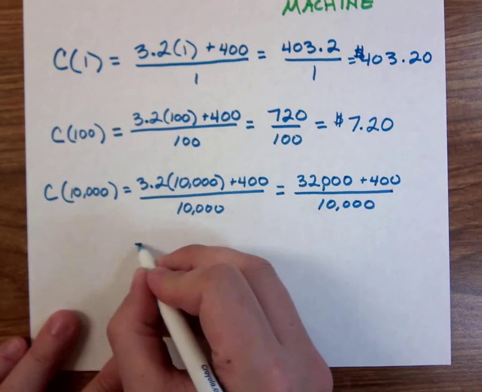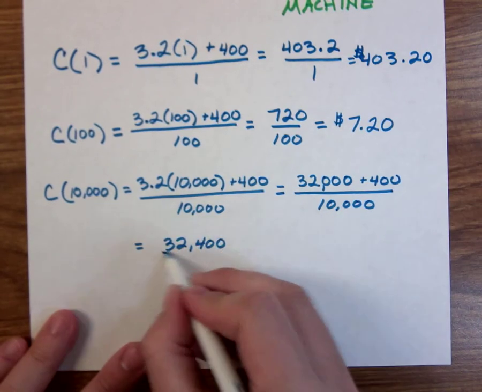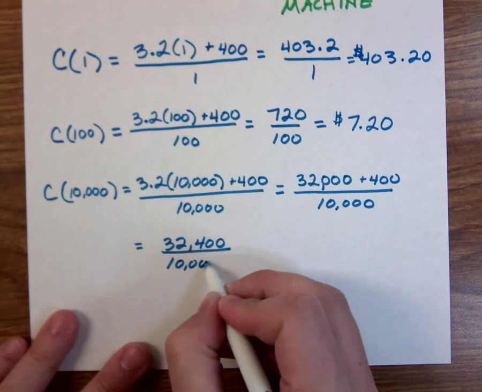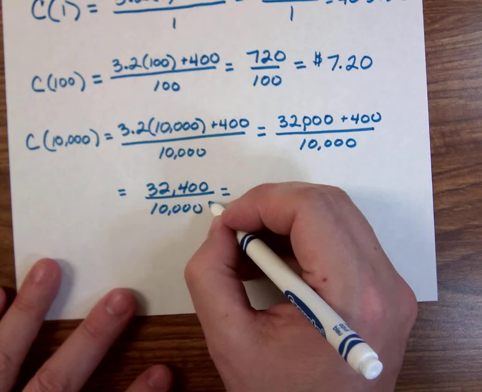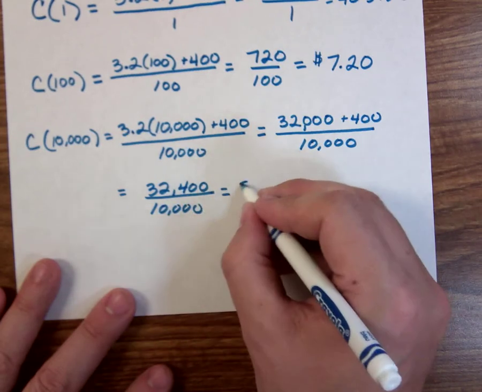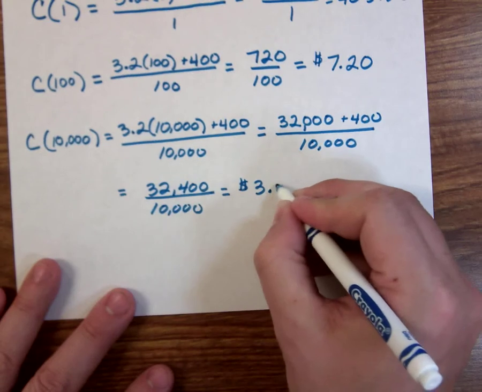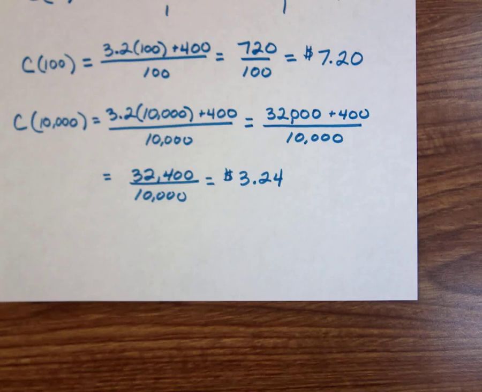That would be 32,400 divided by 10,000. And 32,400 divided by 10,000 is... Now my cost is $3.24 per shirt. So if I say each shirt costs $10, now I'm making $6.76 per shirt.